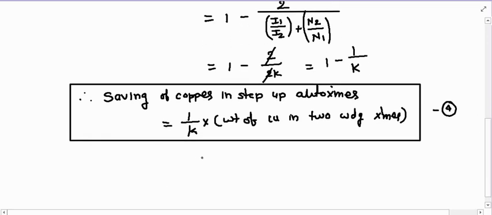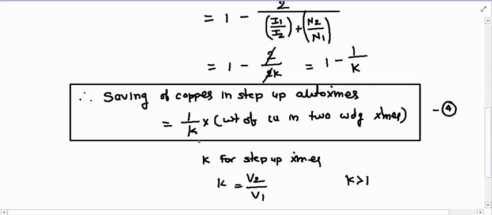So students, what is K for step-up transformer? K is nothing but V2 upon V1. In my step-up transformer, what is the value of V2? It is greater than V1. So my K will be more than 1. So 1 divided by a value which is greater than 1, this term will be less than 1.